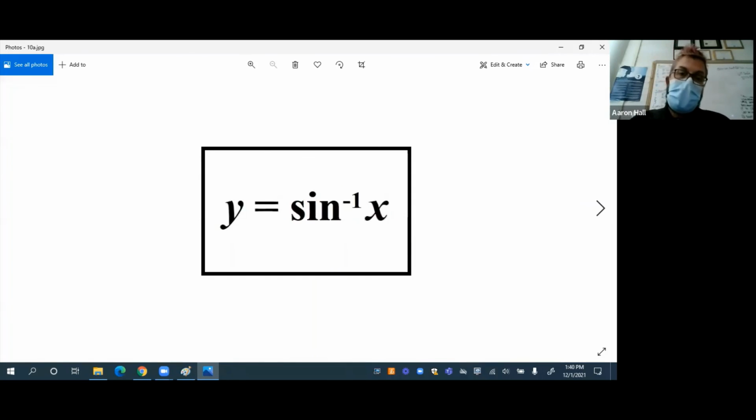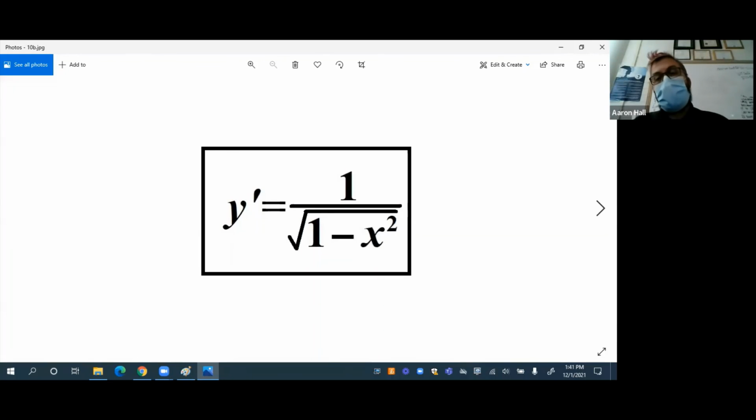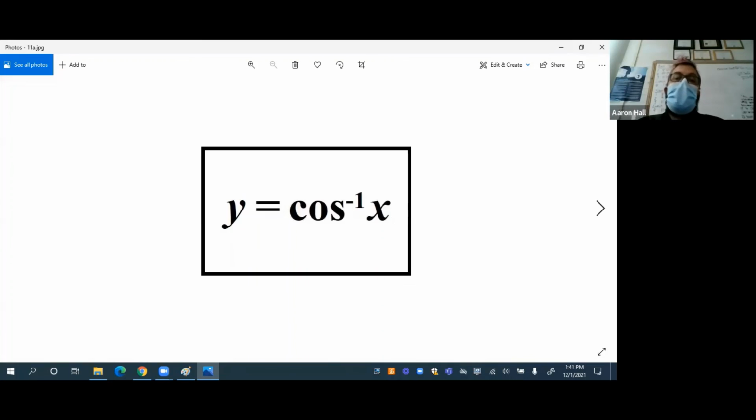0. What is the derivative of the inverse of sine of x? Nice. 1 over the square root of 1 minus x squared. Nice. What is the derivative of the inverse of cosine of x?